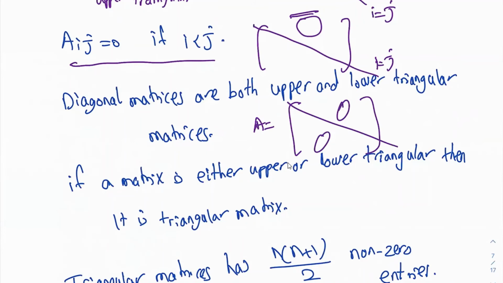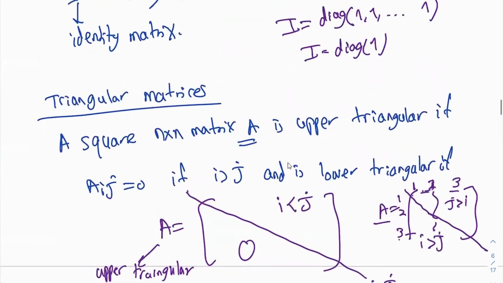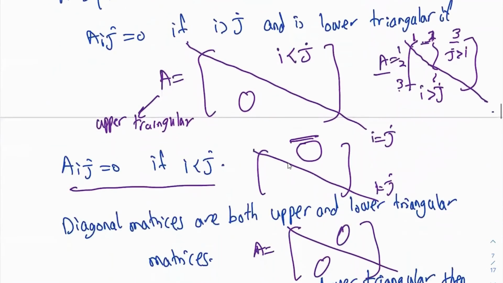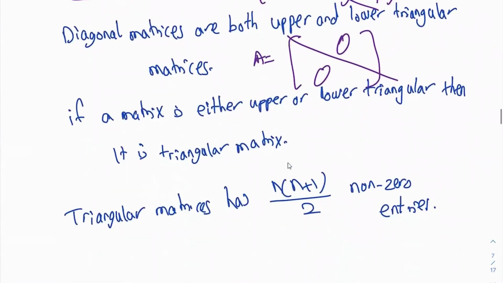That's why I define the diagonal matrix to be both upper triangular and lower triangular. Now, if a matrix is either upper or lower triangular, we call it a triangular matrix. So a couple of things. Diagonal matrices are both upper and lower triangular. And if a matrix is either upper or lower triangular, we call it a triangular matrix.